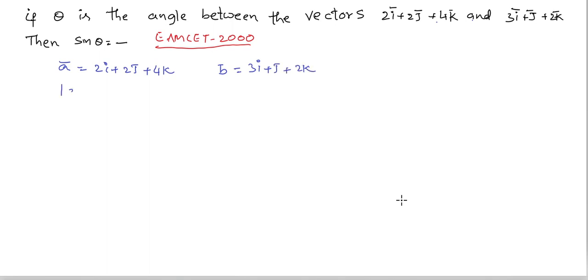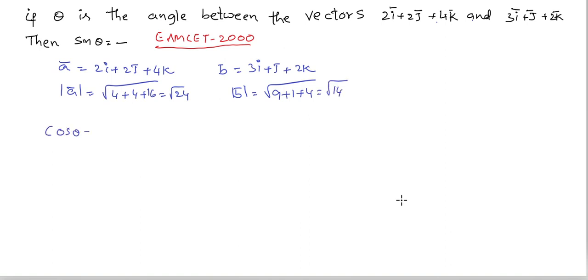So first we find mod a bar. Mod a bar is under root of 4 plus 4 plus 16, that is equal to root 24, and mod b bar is equal to under root of 9 plus 1 plus 4, equal to root 14. We know that cos theta is equal to a bar dot b bar by mod a bar into mod b bar.